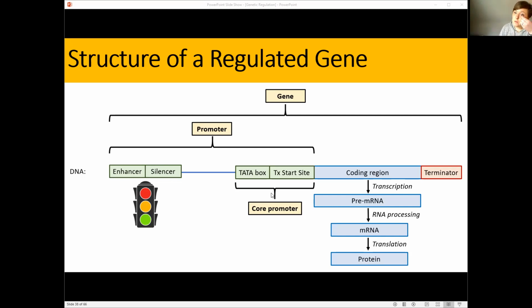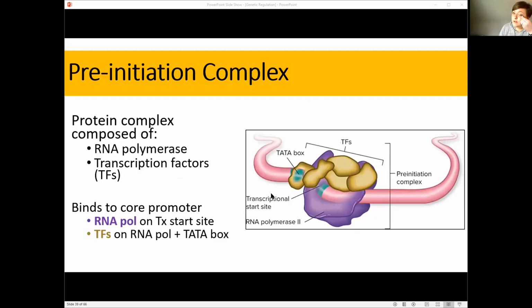Okay, to better understand the structure of a gene, more specifically, in order to better understand how transcription factors regulate transcription, we need to understand how they interact with both RNA polymerase and DNA.